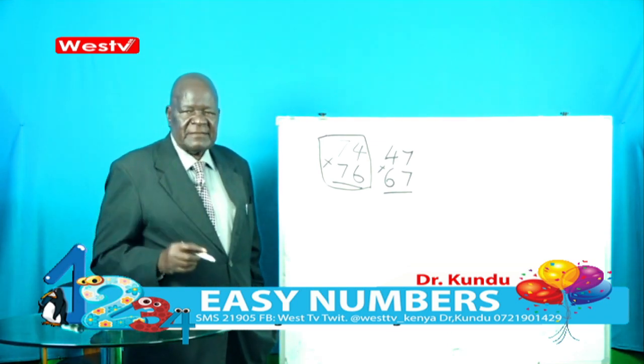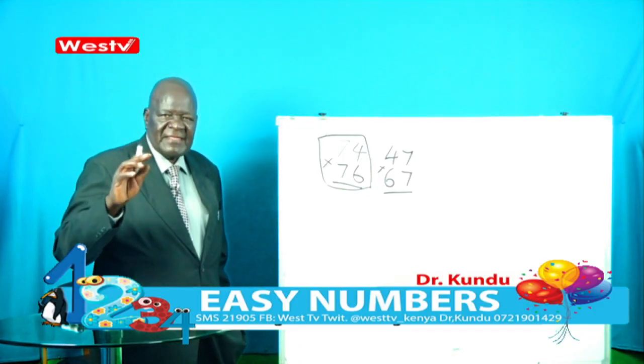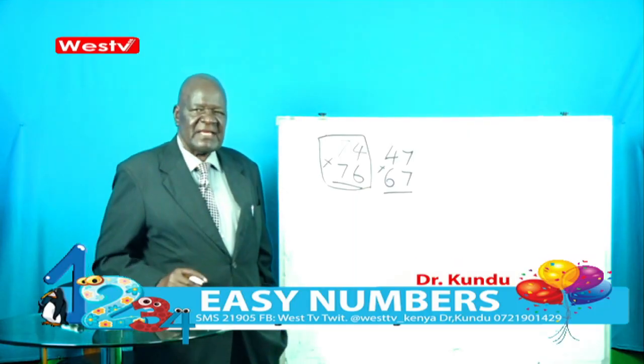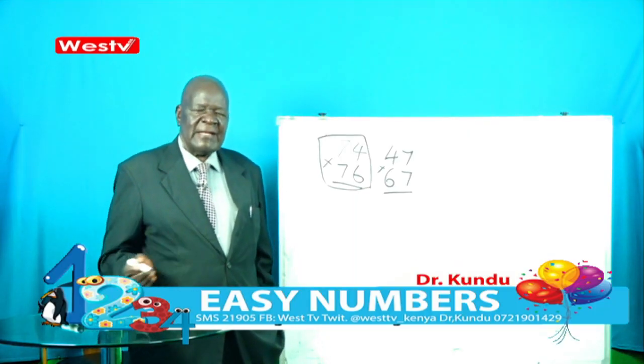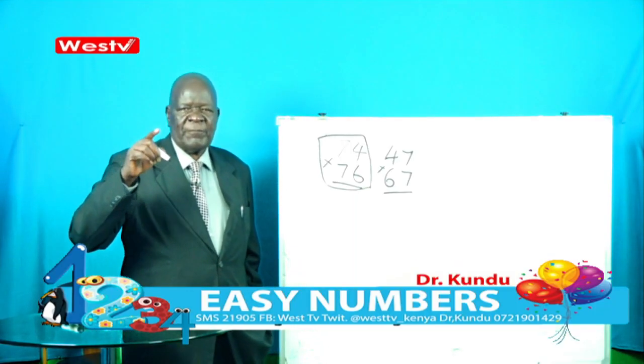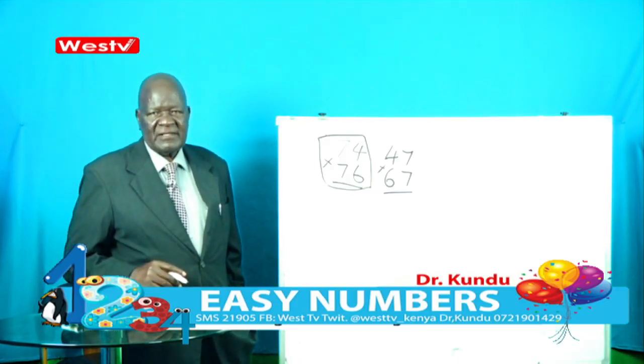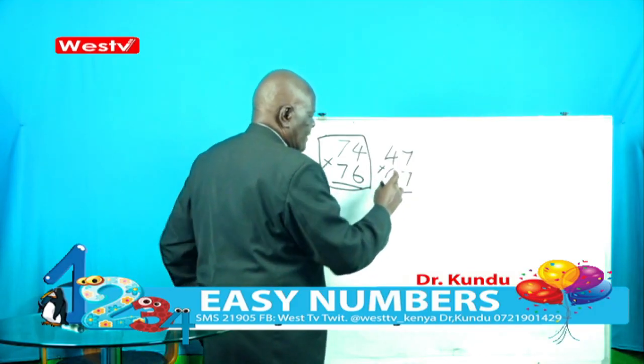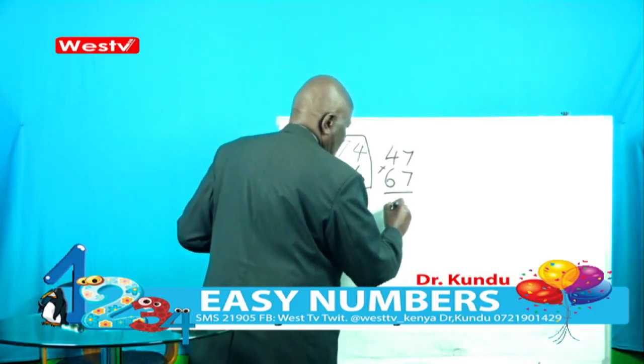Again, very easy. Just multiply the tens digits. 4 times 6, which is 24, and quickly add on the common 7. So you are saying 24 plus 7 is 31.